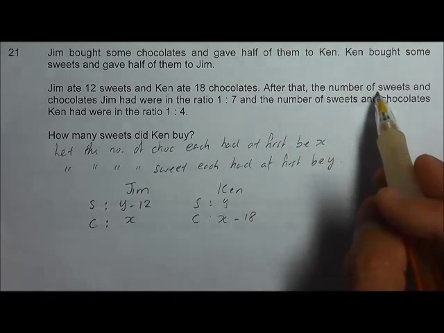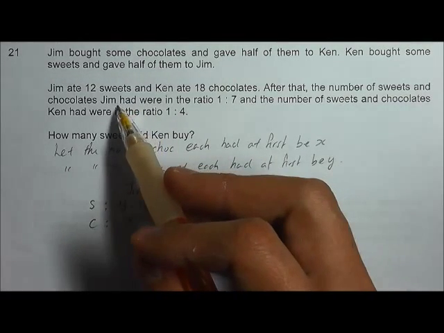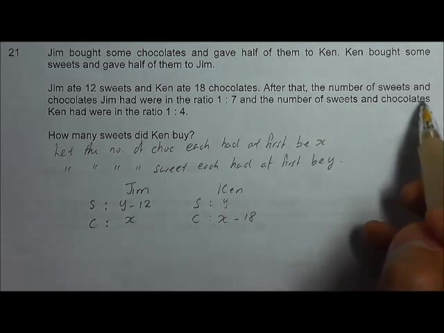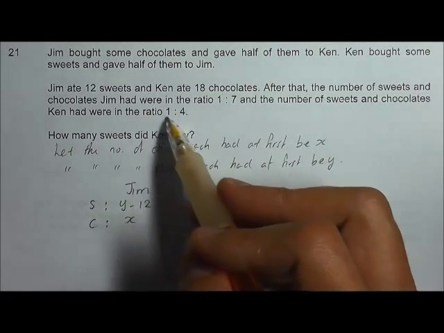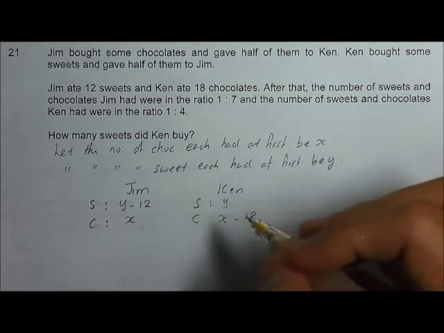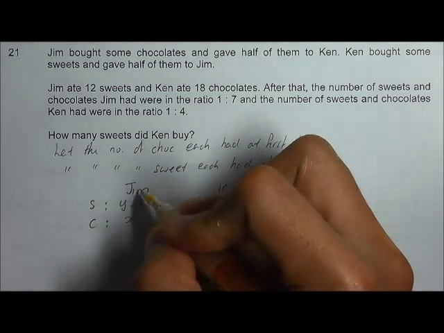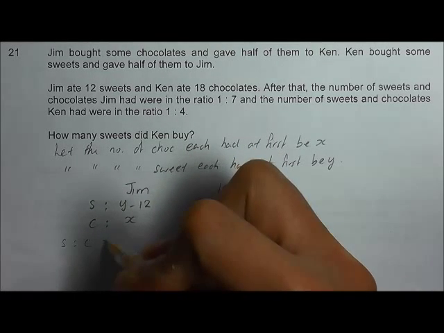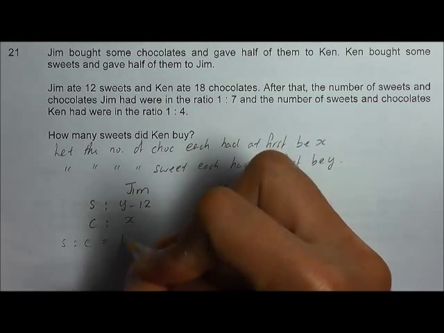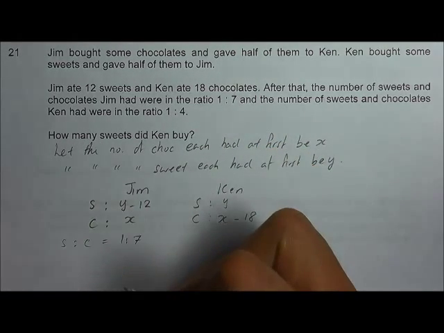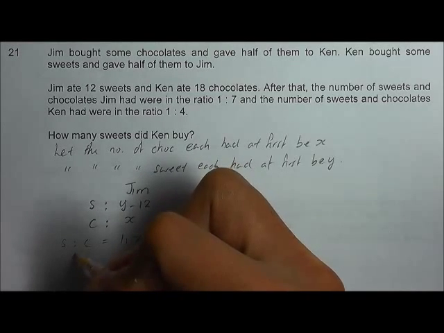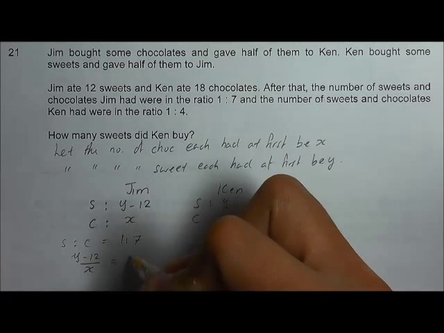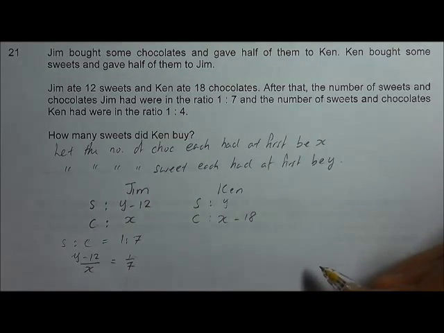Okay, so after that, the number of sweets and chocolates Jim had were in the ratio of 1:7, and the number of sweets and chocolates Ken had were in the ratio 1:4. So for Jim, the ratio of sweets to chocolates is 1:7. So that means (Y minus 12) over X is equal to 1/7.